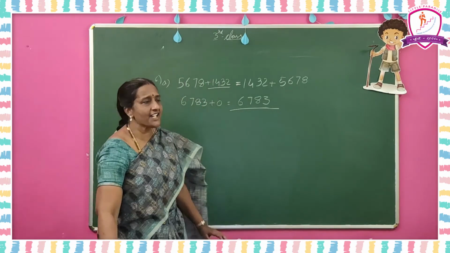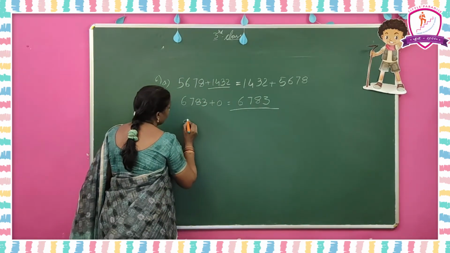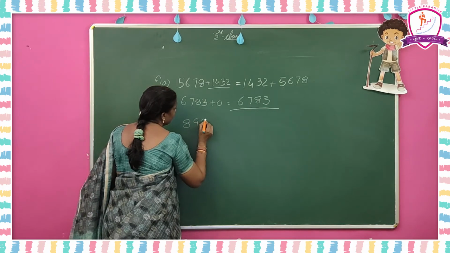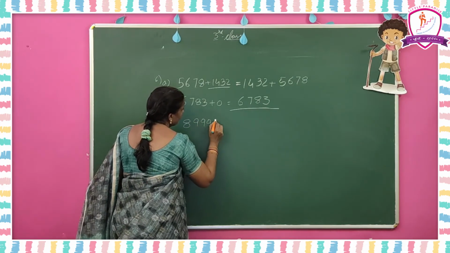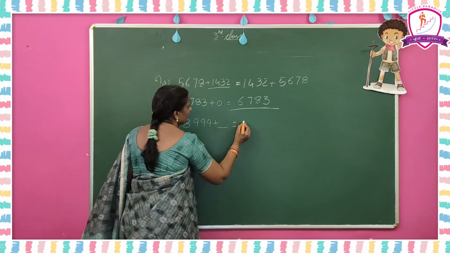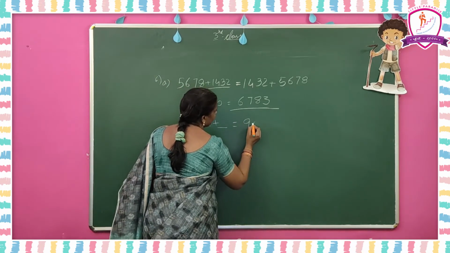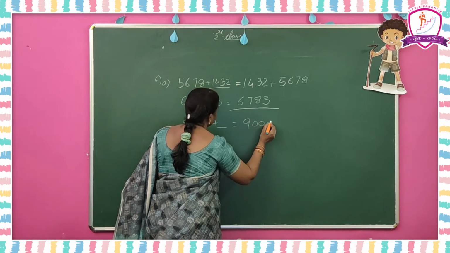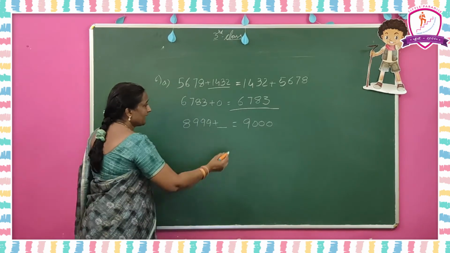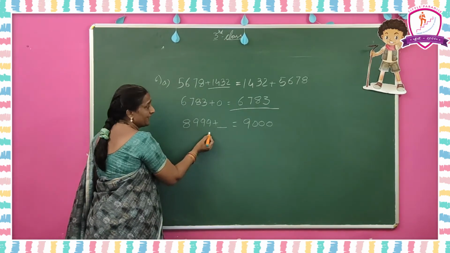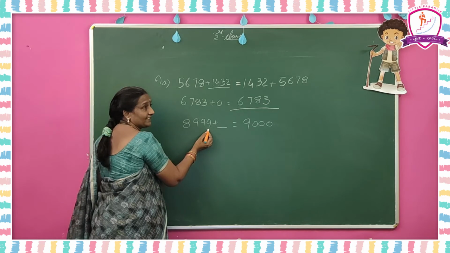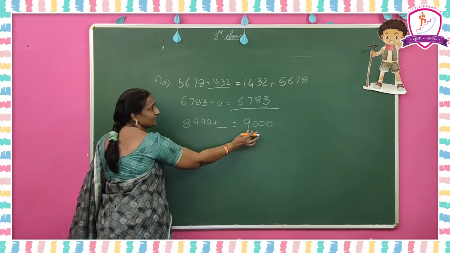Next, third blank. 8999 plus dash is equal to 9000. 9000 is the successor of 8999. When will we get the successor?